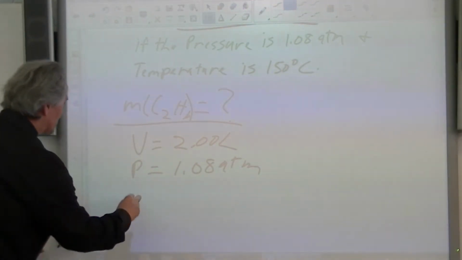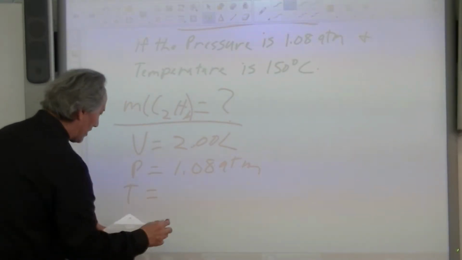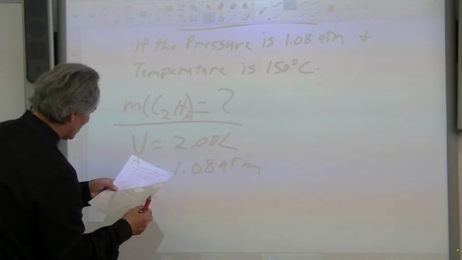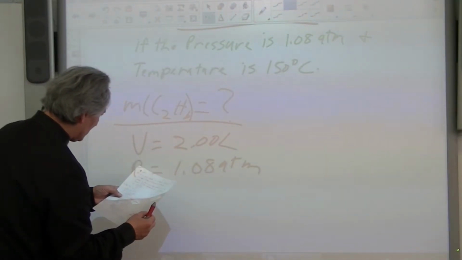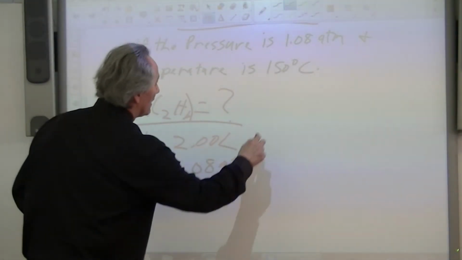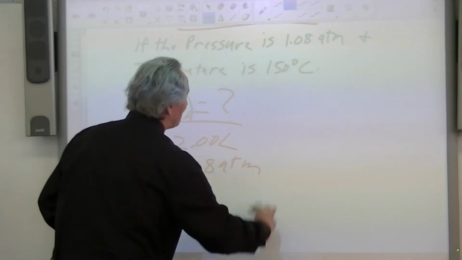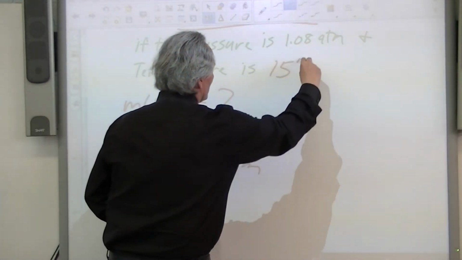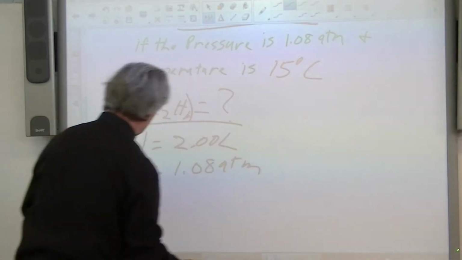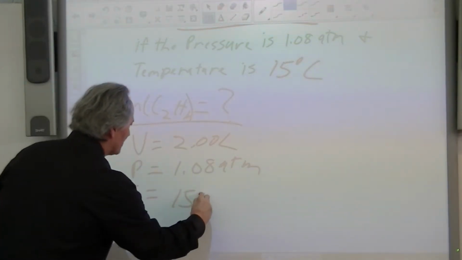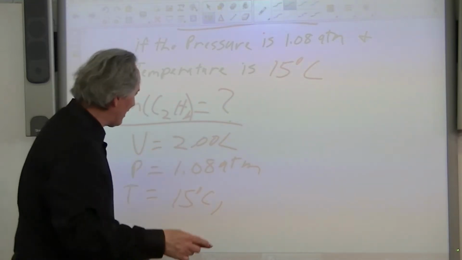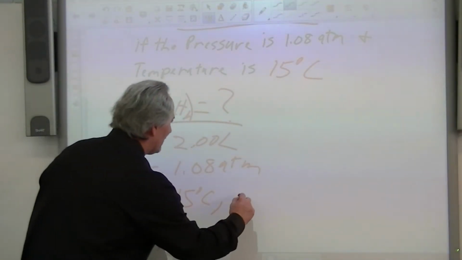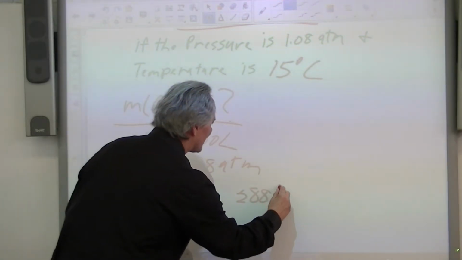We were also given a temperature, which was expressed in Celsius at 15 degrees Celsius. I'm going to convert it to Kelvin, because we have to work in Kelvin in terms of temperature. So that would be 273 plus 15, which is 288 Kelvin.